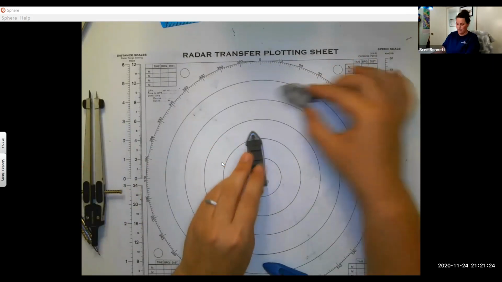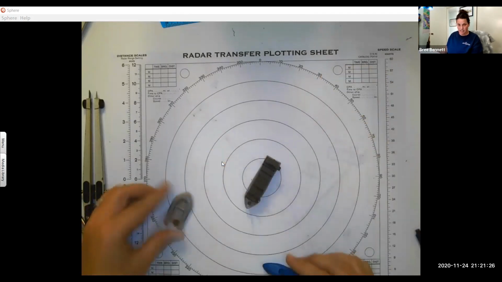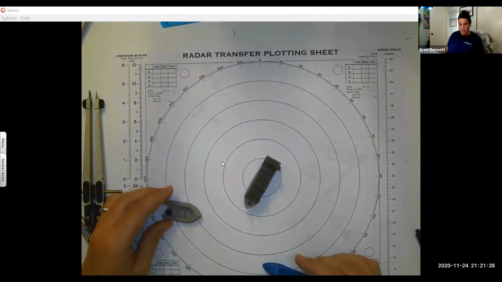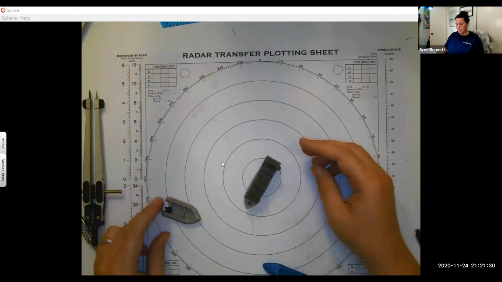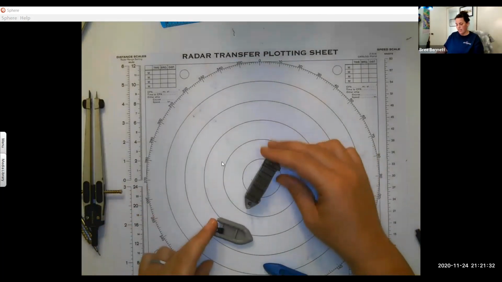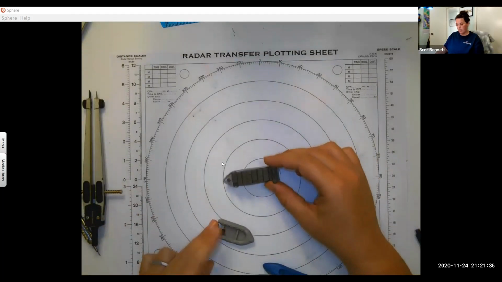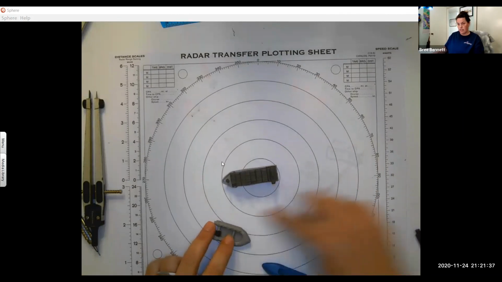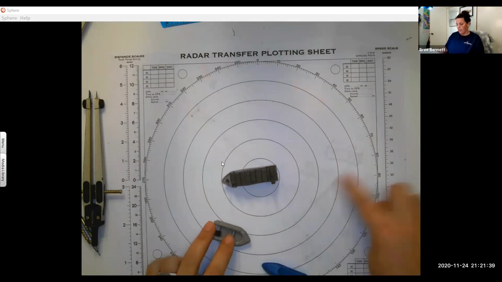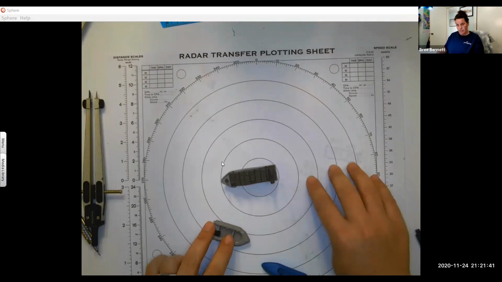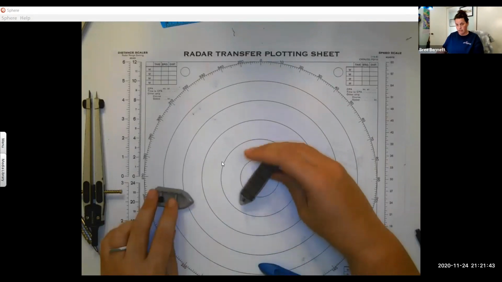So our situation looks like this, right? We want him to pass ahead of us and we're going to turn to the right. So the CPA, the new relative motion line, is going to be on this side of the 2 miles.